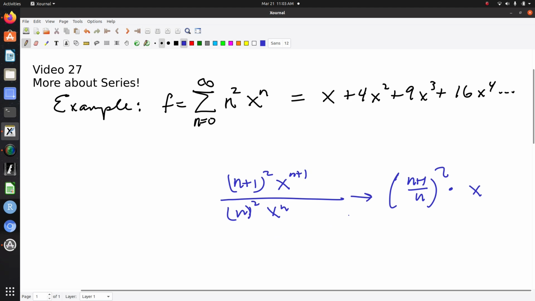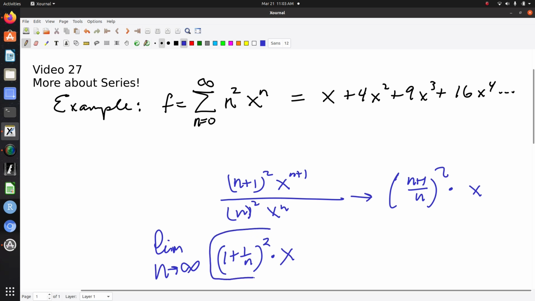And then what does this do? This is 1 plus 1 over n squared times x. And if you take the limit as n goes to infinity, this is already positive. This whole thing is just going to go to 1, and then it's going to go to x, right?